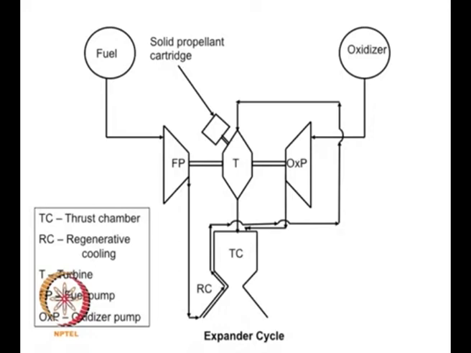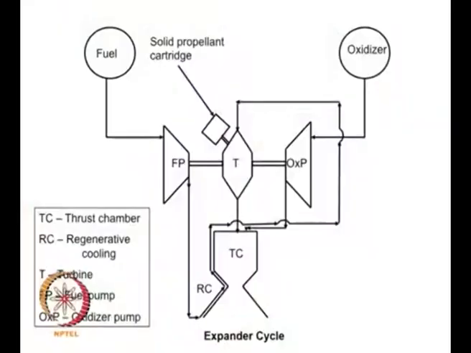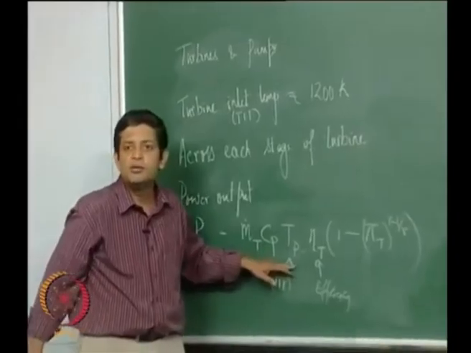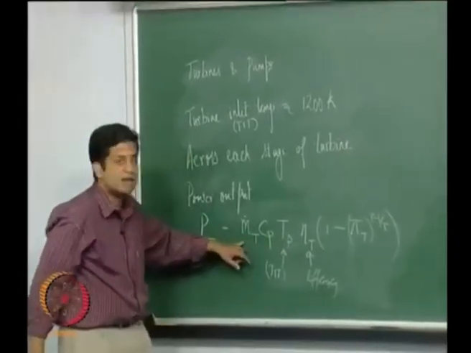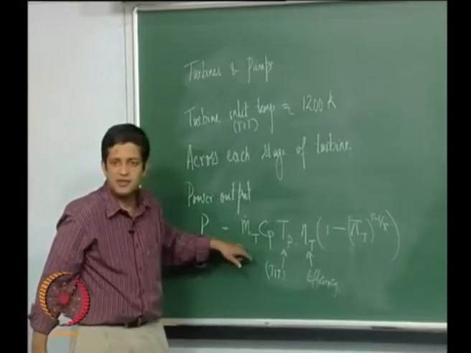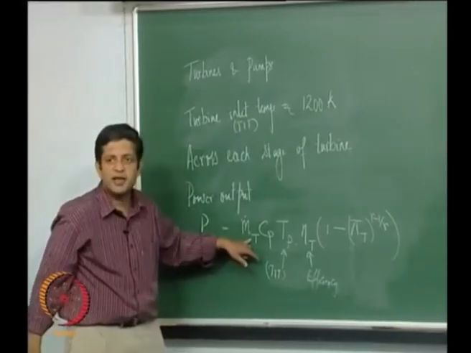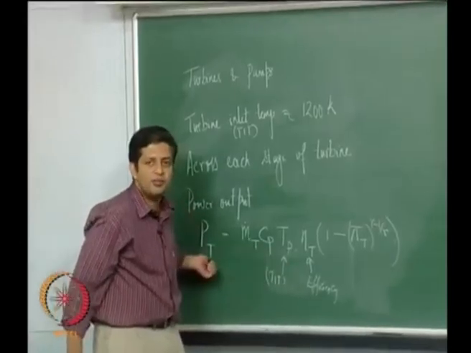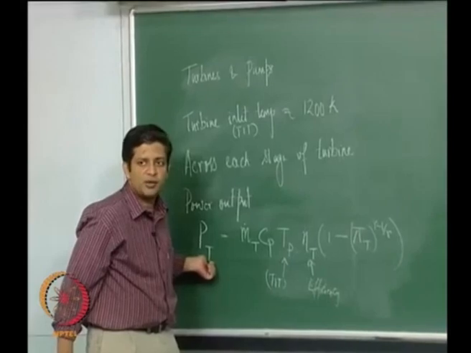For high thrust systems you will also need to use fuel and oxidizer combustion, because if you look at this system and if you look at the equations here, this Tp is very low, you are trying to make it up with a larger flow rate of hydrogen. This will be the entire flow rate of hydrogen, but still there is a limitation on how much power you can get.